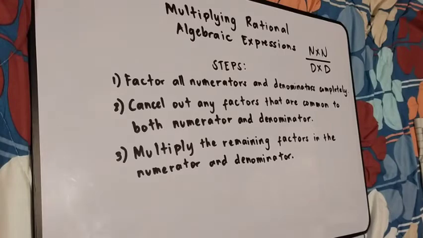Then, second is to cancel out any factors that are common to both numerator and denominator. Then, the third one is multiply the remaining factors in the numerator and denominator. So, here are the steps. And again, kung nakikita nyo, first step pa lang is we're going to factor. So, it means that i-apply ulit natin dito yung factoring.